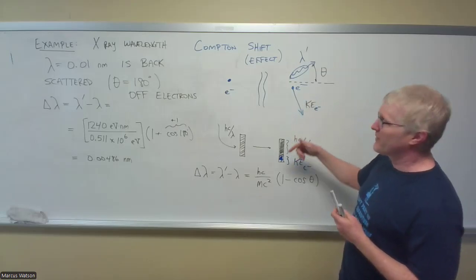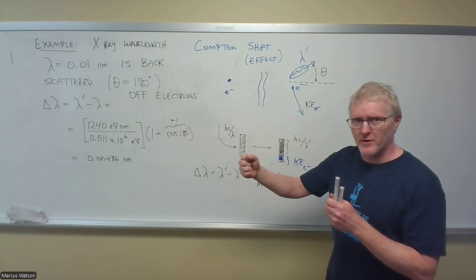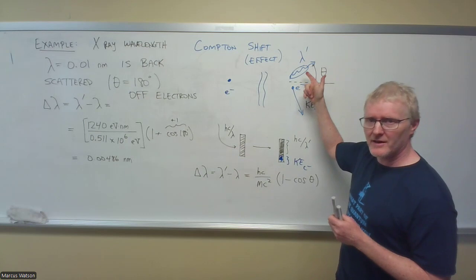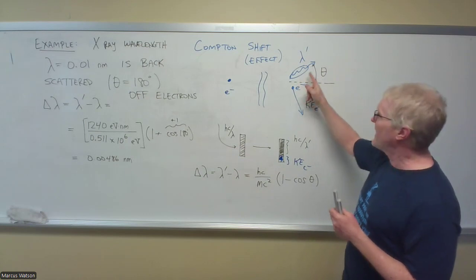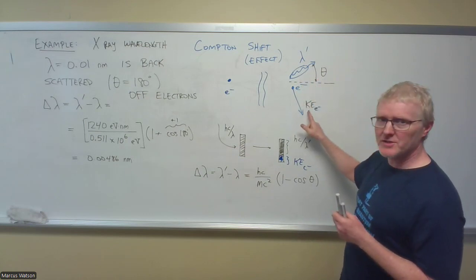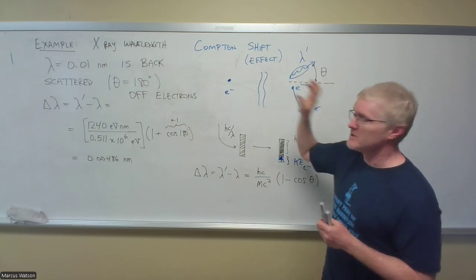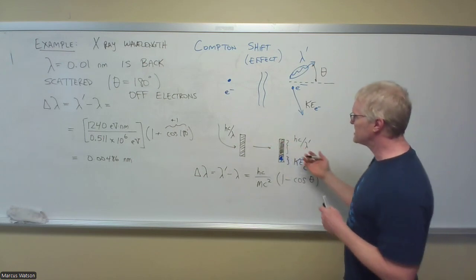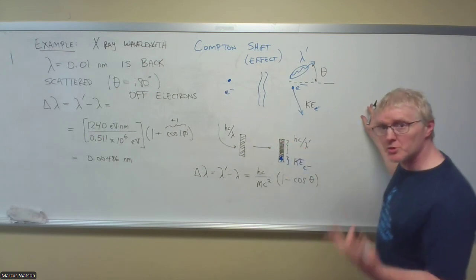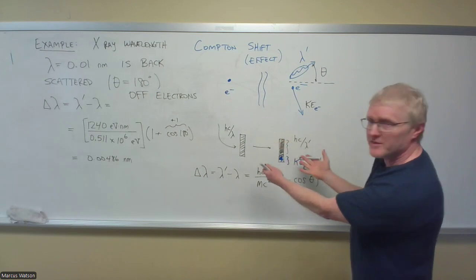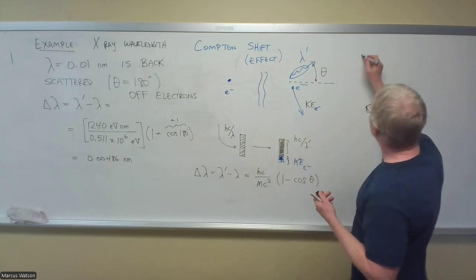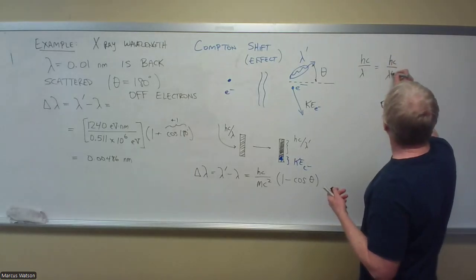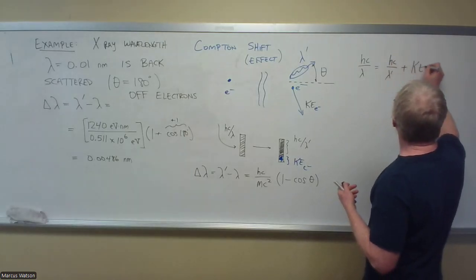Rather than thinking about liberating the electron from the material, we're thinking about what is the energy left in the scattered photon here. That energy plus the kinetic energy of the electron then sums to become what the initial incident energy was. So this energy equation becomes fairly straightforward in the sense that you can just look at the bar chart and write it down. So I would know that hc over lambda should equal hc over lambda prime plus the kinetic energy of the electron.